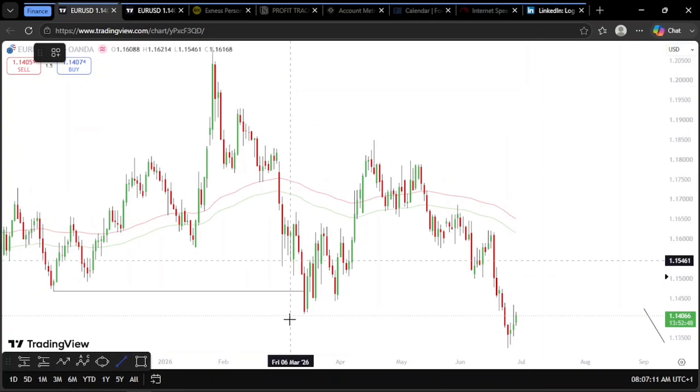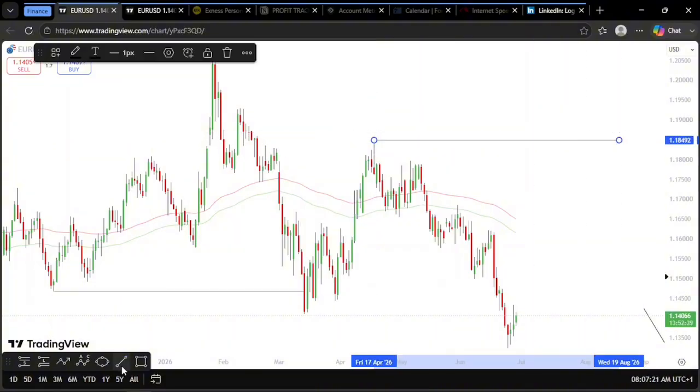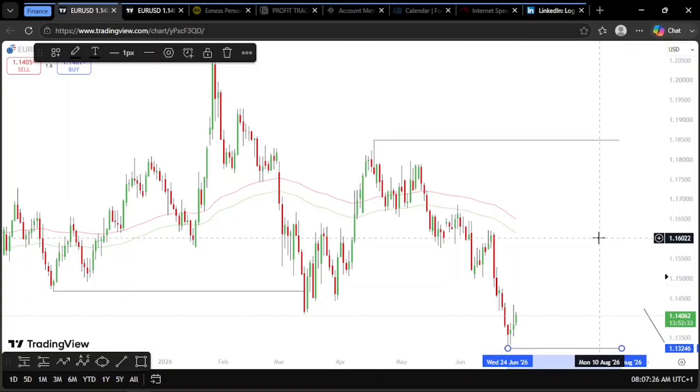Our daily structure range would be here. We have the daily structure high here, and we have a daily structure low here.